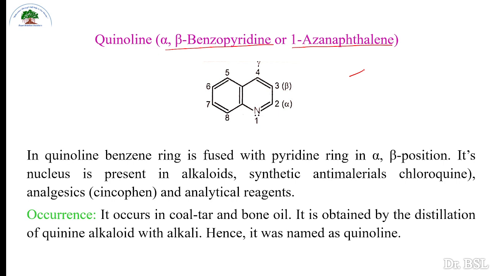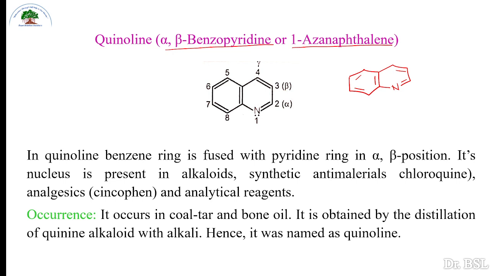Just draw it as one benzene ring and to it one pyridine ring with alternate double single bonds. This is the structure of quinoline.